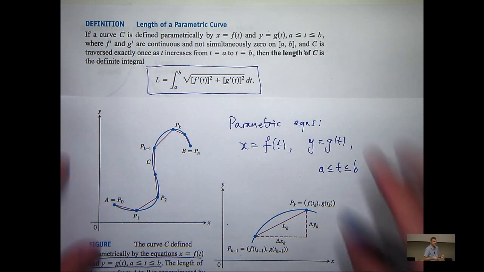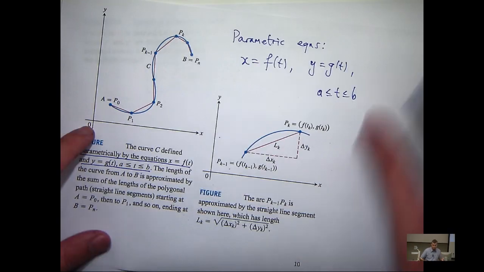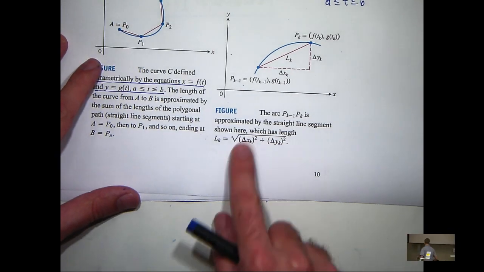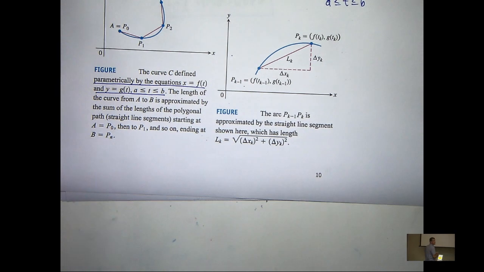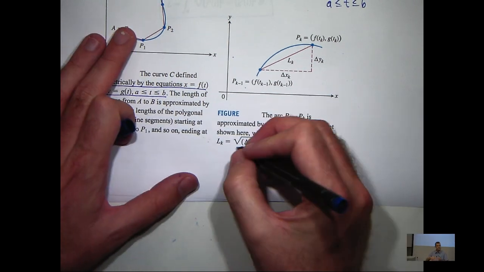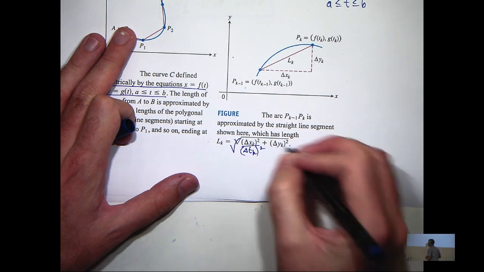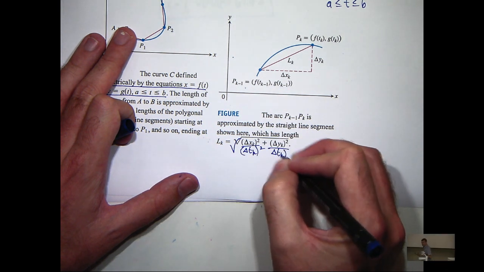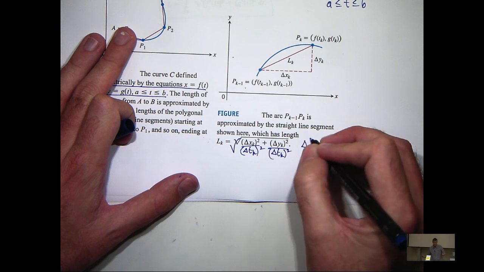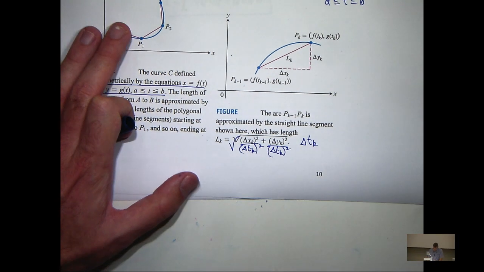Well, basically all you do is you go in here, right, and you divide everything by delta t sub k, right? Put those into the squares and pull one out, and in the sum up, and in the limit, essentially what you do is you have that, okay?